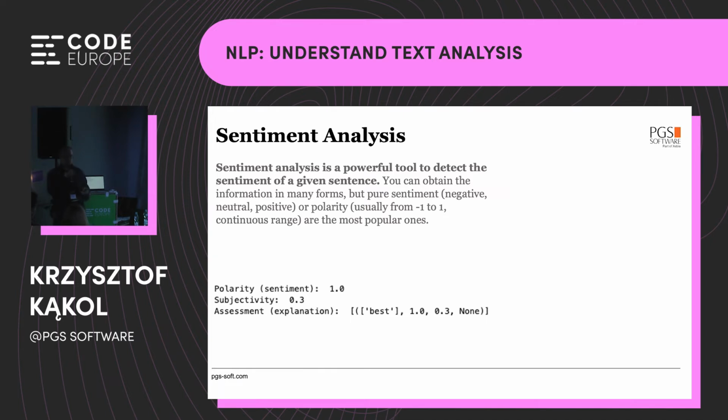But the library that I'm using, which I mentioned before, is called spaCy, and it also provides additional information, which is subjectivity. So it means how subjective this given sentence is. And it also provides the layer of assessment.